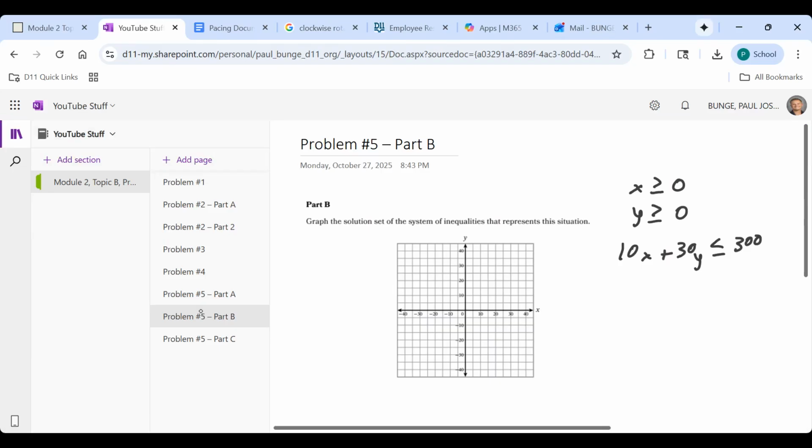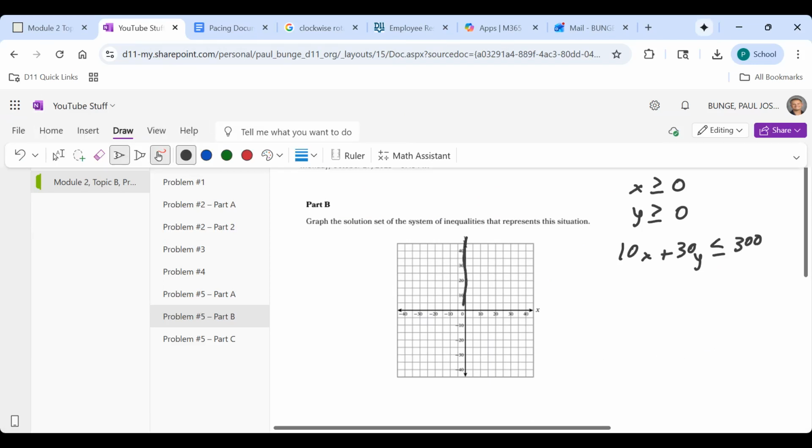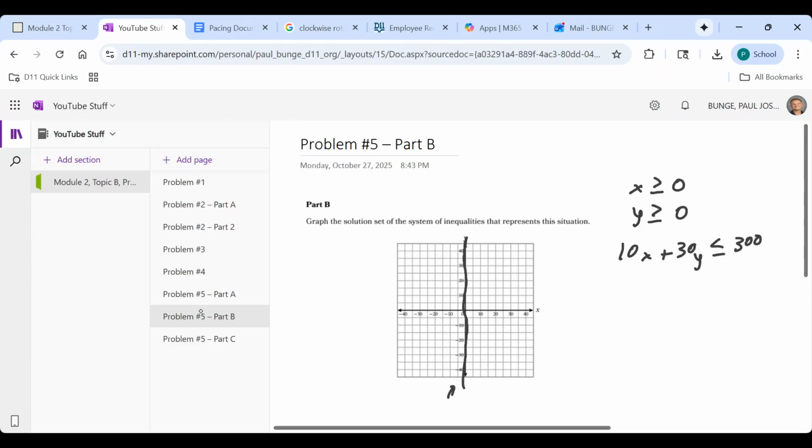The first two aren't too terrible because Y is right here. I'm going to draw a line through Y. Y is greater than or equal to 0, which means it's going to be on the right side of this line.